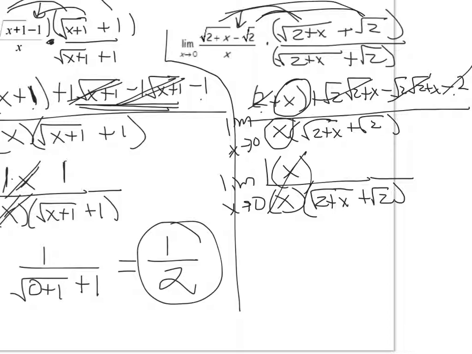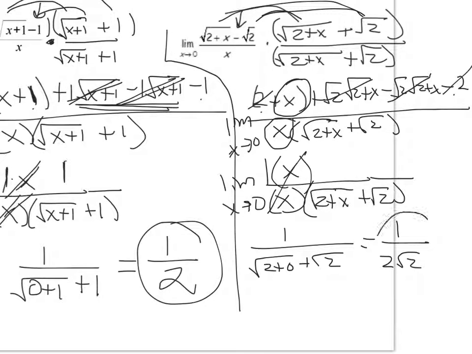All right, so now when I plug in my 0, substitute in my 0, I should get 1 over square root of 2 plus 0 plus square root of 2, which equals 1 over 2 root 2. And if you want to do that as a calculator problem and get a decimal, I'm all over that. You do not need to change that so that there is no square roots in the denominator.